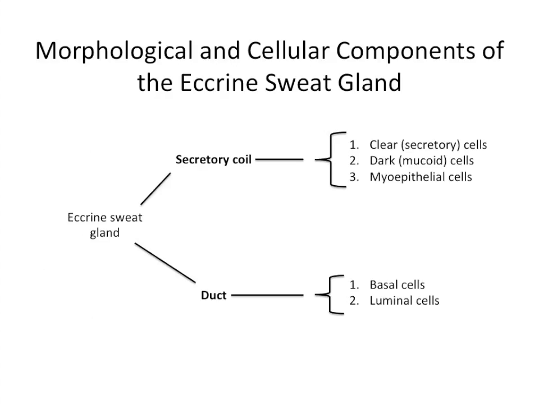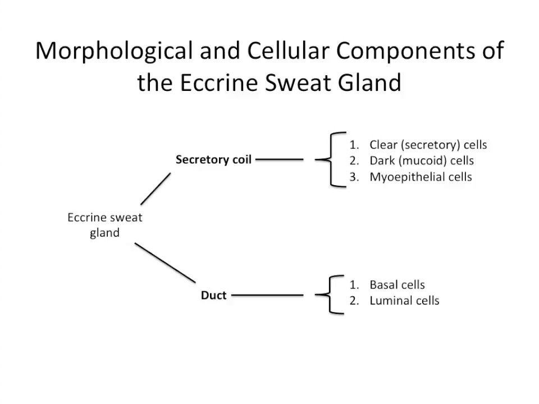So let's get into the ultrafine components or morphology of the eccrine sweat gland. Essentially, as I already mentioned, you can break it down into two different parts. You have the secretory coil, and then you have the duct. And we're going to talk about three different cell types in the secretory coil.